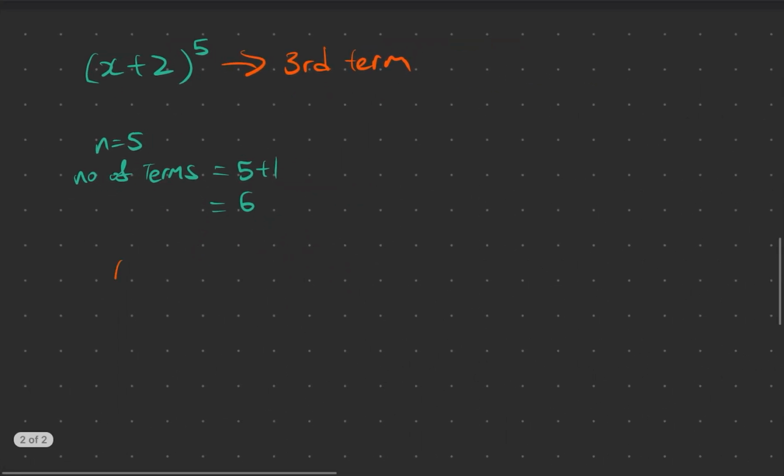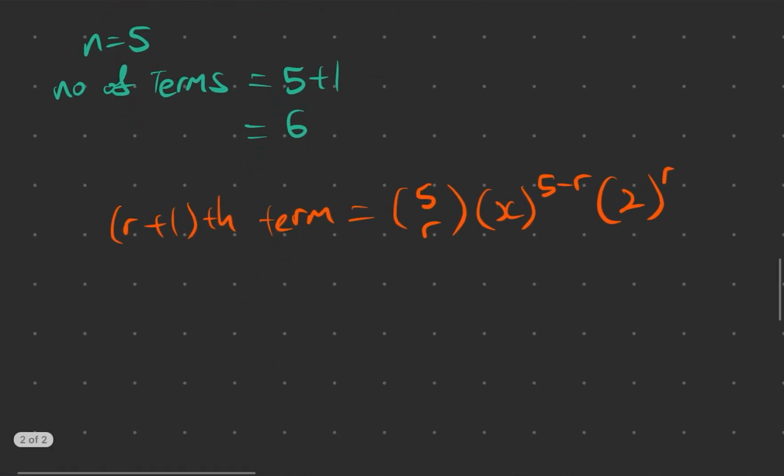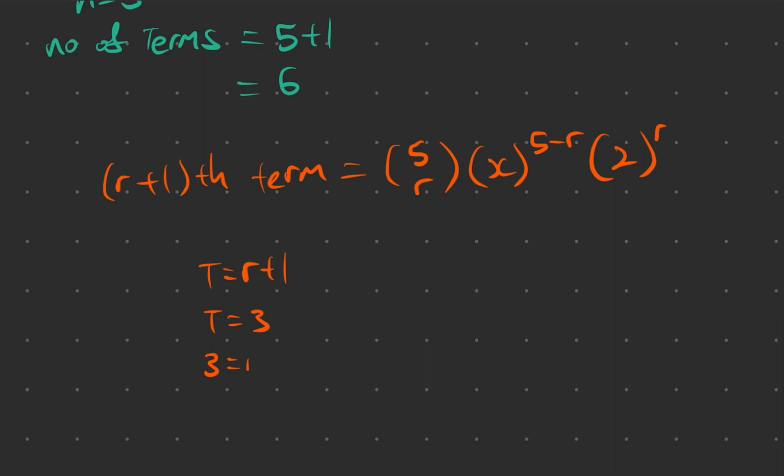So therefore, my r plus 1 term, which is my third term, will equal 5 choose r times x to the power of 5 minus r times 2 to the power of r. Alright? And since I want my third term, we can apply that t equals r plus 1 and my t equals 3. So therefore, 3 equals r plus 1 and my r will equal 2.